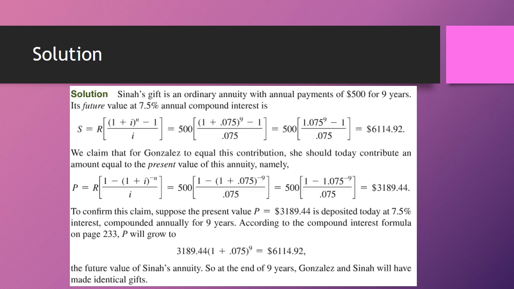Now, if you want to double check that and make sure that that's indeed going to grow to the same amount as the first gift by the end of the term, what you can do is put that into the compound interest formula, and we find that when we use the compound interest formula for $3,189.44 at 7.5% interest for 9 years, it does indeed grow to the same amount.